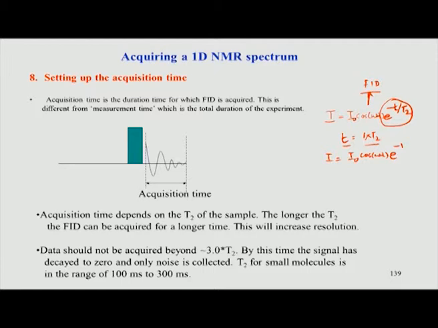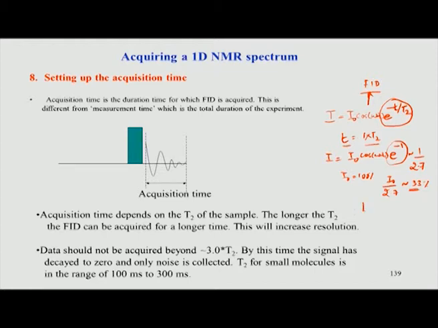Now, this is 1 over e, and 1 over e is 1 over 2.7, so it has reduced to about 37%, roughly one third. If you consider I0 as 100%, now I0 by 2.7 is roughly 33%. So, the signal has decayed to about 33% in 1 times T2.